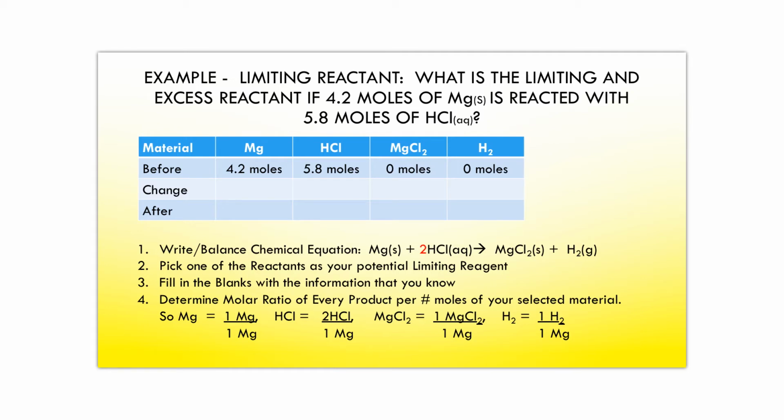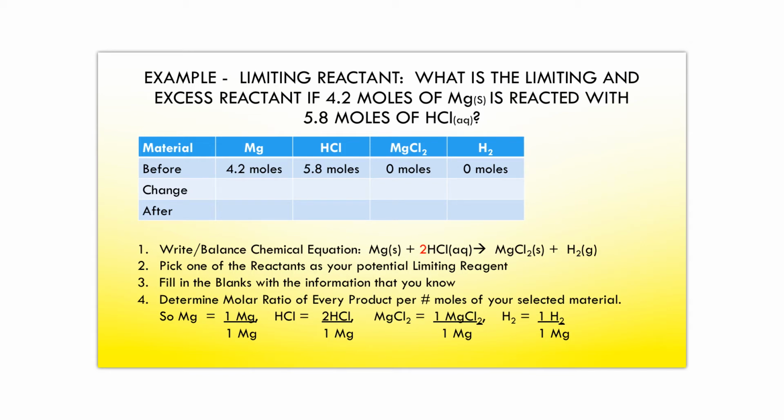Now, the next thing you're going to do is pick one of your reactants as being the limiting reactant. It does not matter which one. You can pick either one. If you had 3 reactants, you could pick one of the 3. Some people like to pick the first one. Some people like to pick the last one. Some people, like me, pick the one with the smallest amount of moles. Whatever, right?